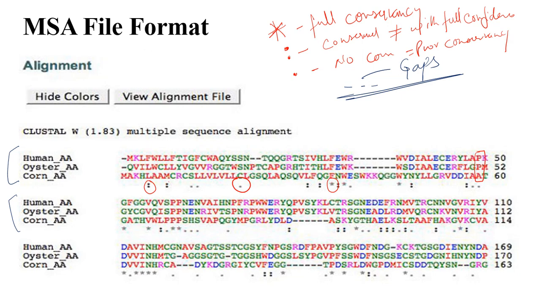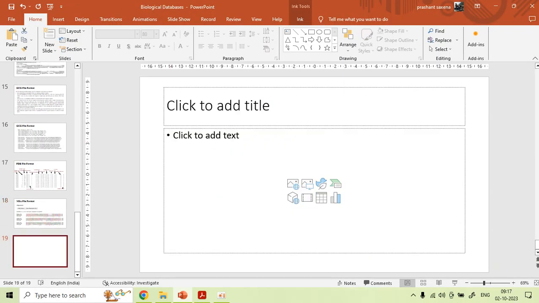So hope you have got the idea of how the file formats look. I'll just summarize what we have studied today. We have gone through the file formats, and we have gone through FASTA.